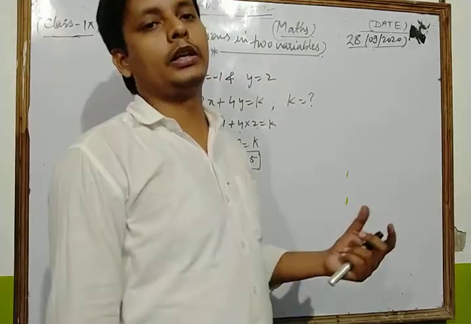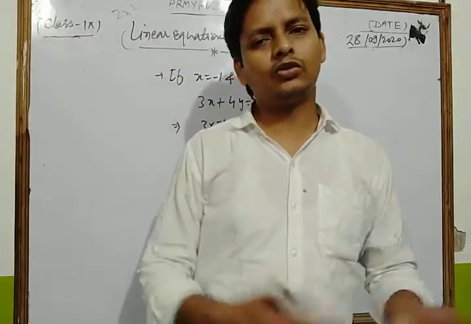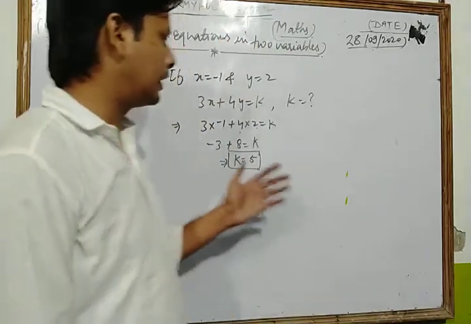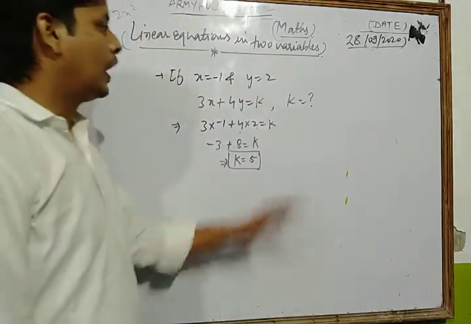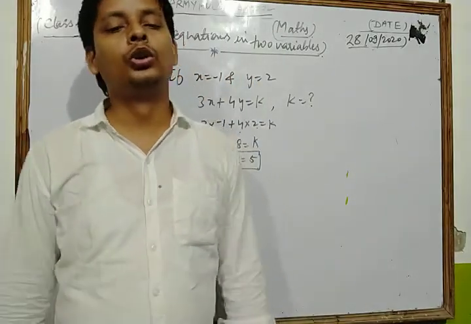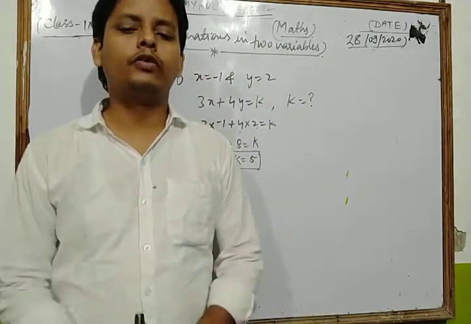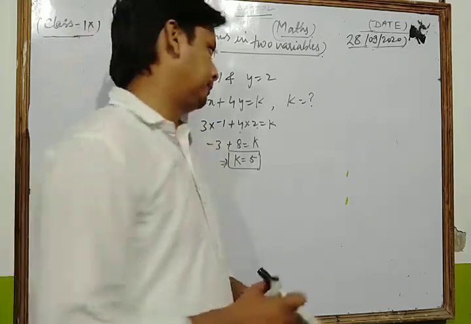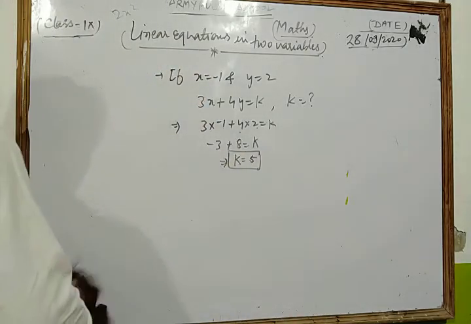Thus dear students, in this way you can solve all the questions of your NCERT exercise based on the topic solution of a linear equation. Now we discuss about the graph of a linear equation in two variables. This is the next and last topic of that chapter.